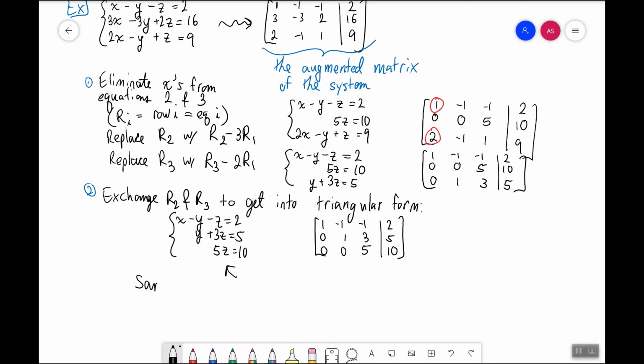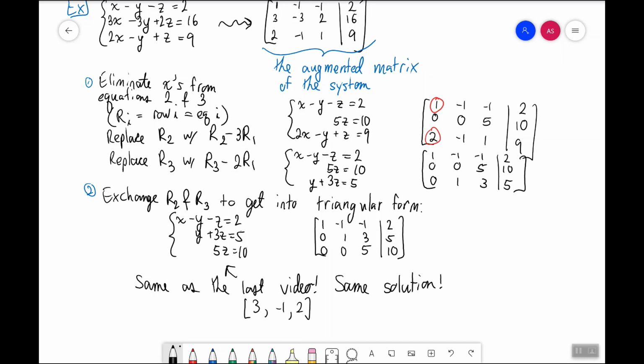So it has the same solution, namely 3, minus 1, 2.